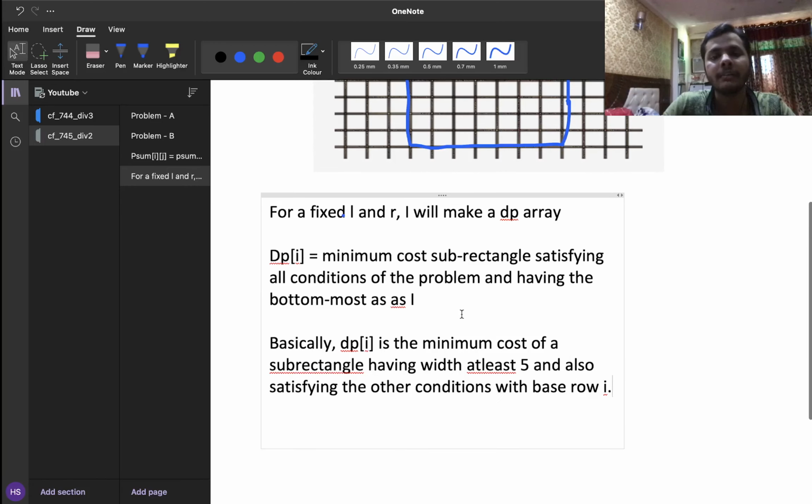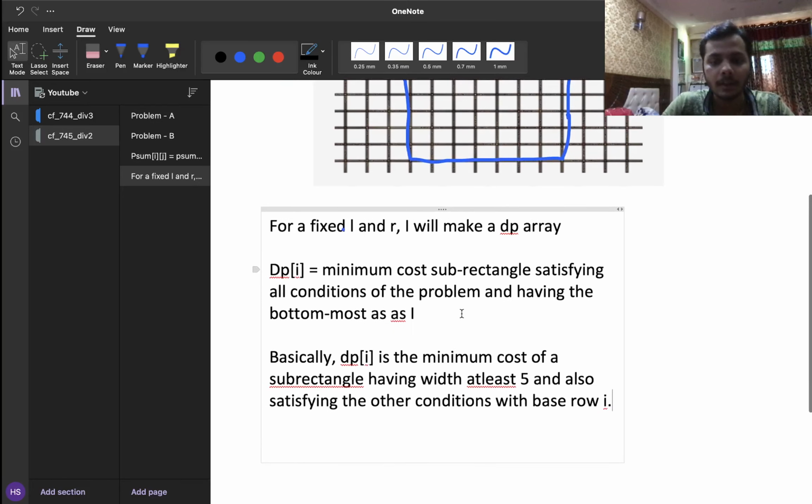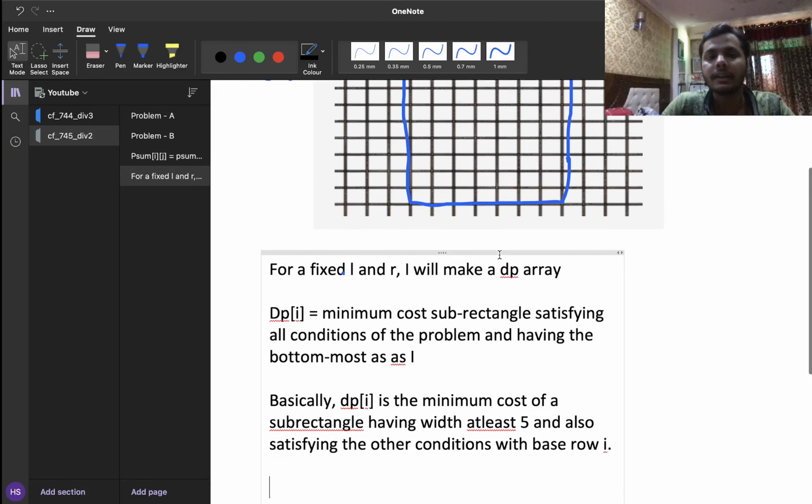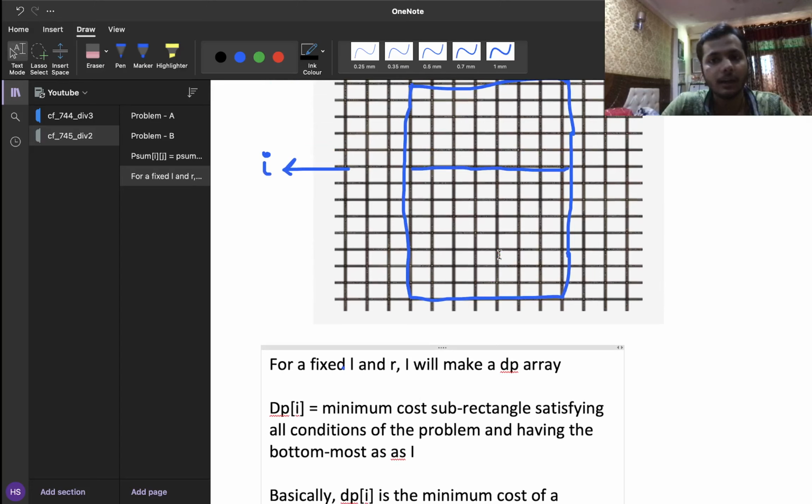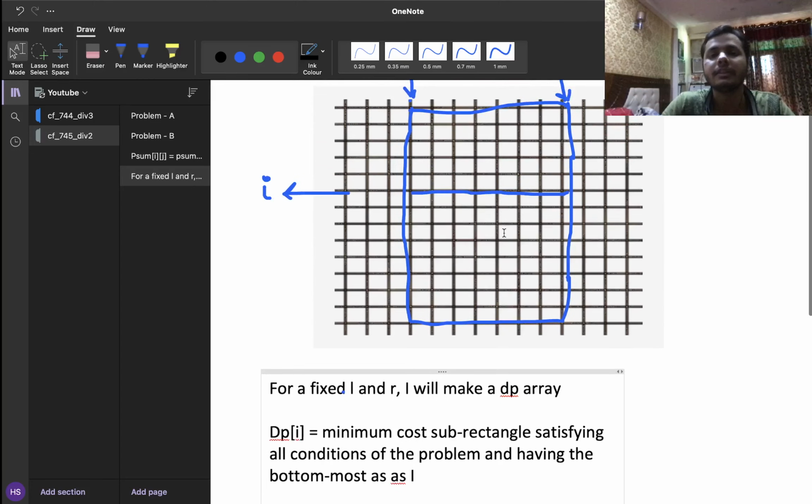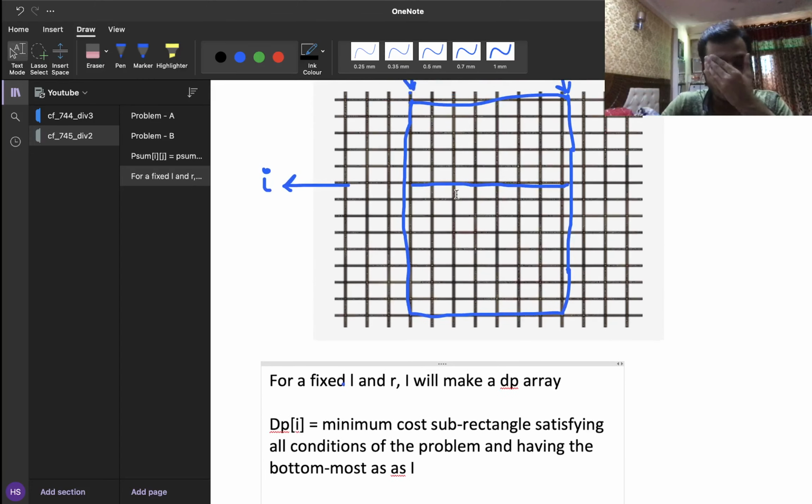So I hope you guys have understood what dp of I actually means. Now the transitioning part. The transitions are not that trivial, to say the least. The transitions are a bit complex here, but I'll try my best to explain it, right?